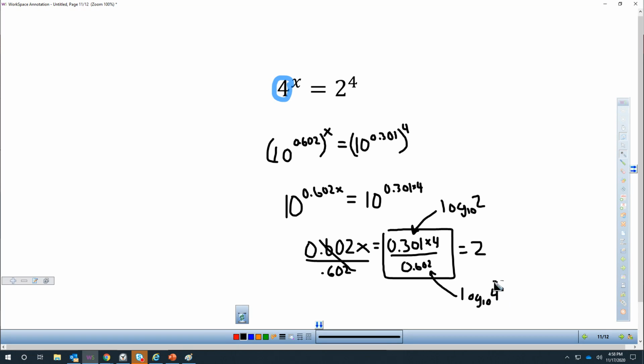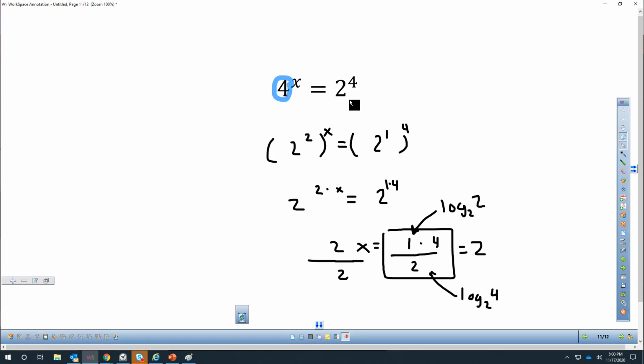And if you look at the video where we solve it by taking logs of both sides, this really does come up in those different ways. And when I do it the other way, using base 2 as my base, I basically get log base 2 of 2, which is 1, times 4, divided by log base 2 of 4, which is 2. And that's exactly what we did solving it the other way. And if I did it with base 4, I'd get the same thing.